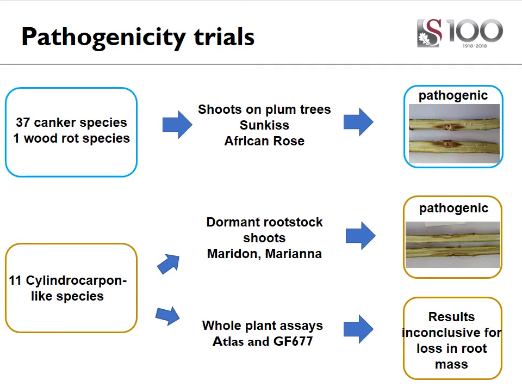Whole plant assays were also conducted on 2 rootstock cultivars, Atlas and GF677, obtaining tissue culture plantlets from a producer. Unfortunately, these results could not be used because the measurement of the reduction in root mass was not consistent.